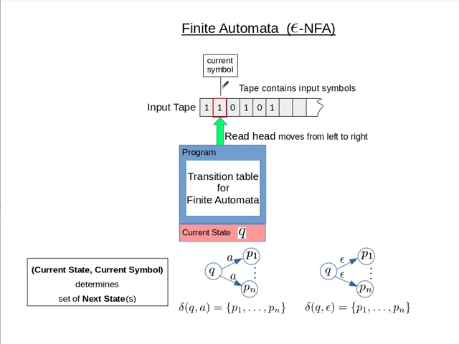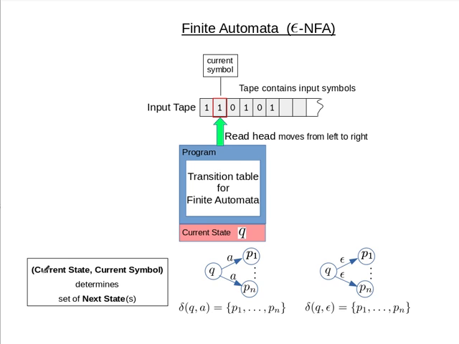Depending on this symbol and its current state, initially some state q0, while it jumps from one input symbol to another, the state changes. What the next state will be is determined by the program of this finite automaton. The program you can draw as a transition diagram, or write as a transition table.